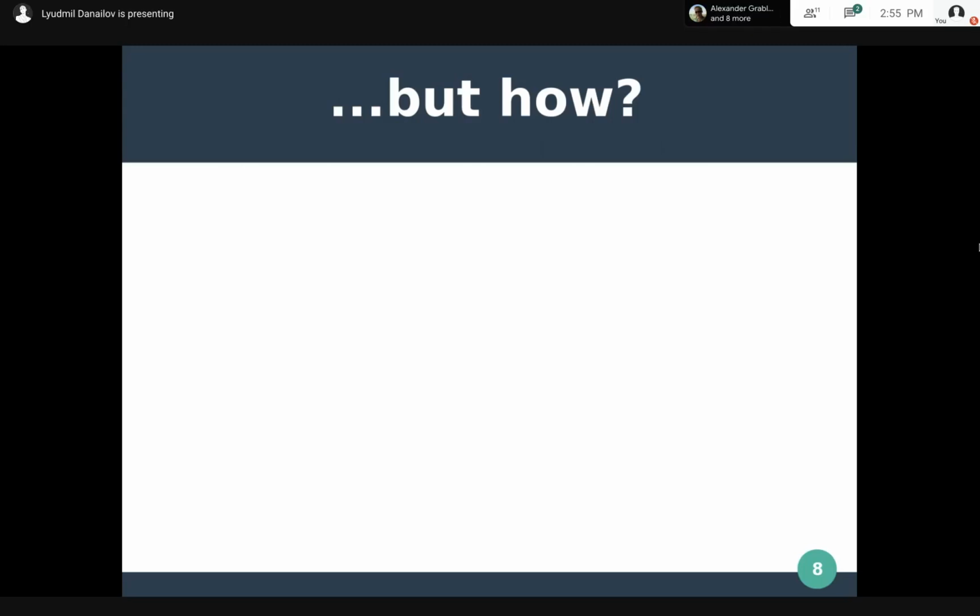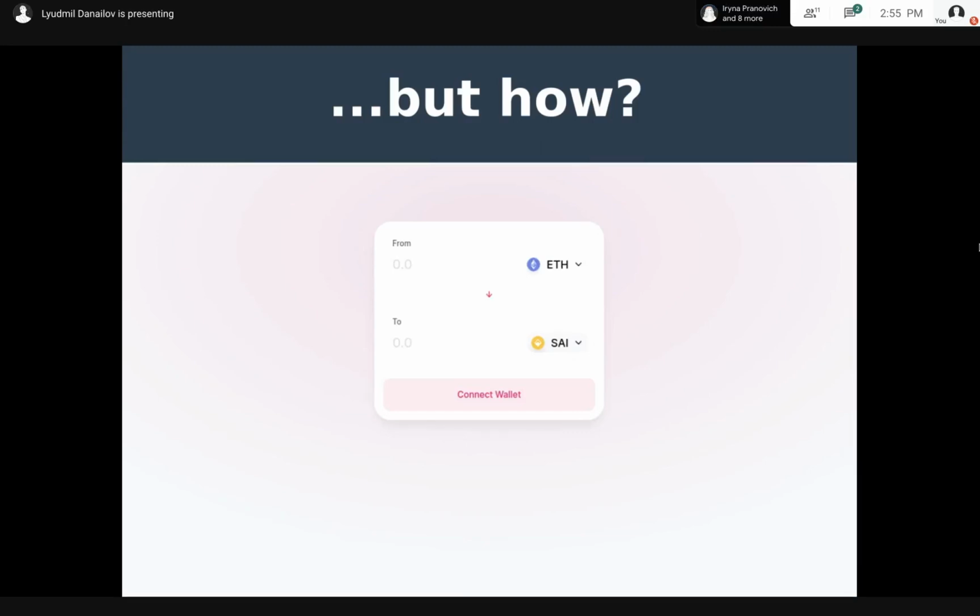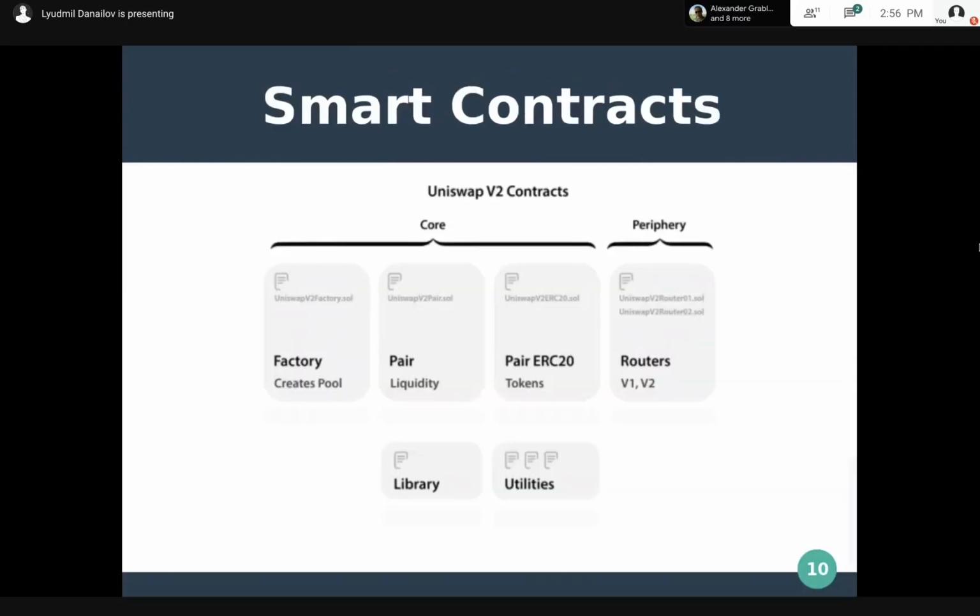There's a friendly user interface at Uniswap.exchange where you just provide one token that you want to sell and one token that you want to buy, and using your wallet, for example, MetaMask, you can do the exchange, bearing in mind that there are probably some swap fees from Ethereum's side. And yeah, the smart contracts.